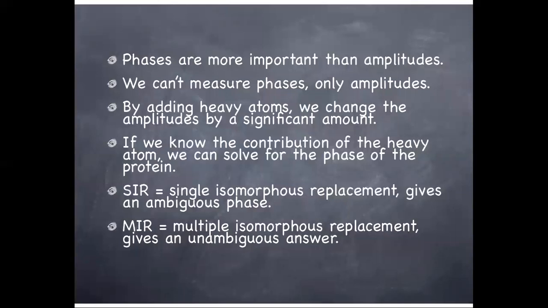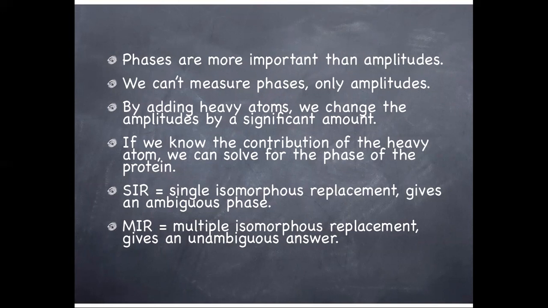We can't measure phases, only amplitude. By adding a heavy atom, we can change the amplitude by a significant amount. This is the two heavy atom case, in which the single and two heavy atom values can differ, from the theory of the Patterson map. If we know the contribution of the heavy atom, we can solve for the phase of the protein.